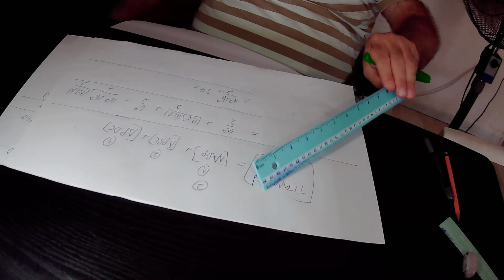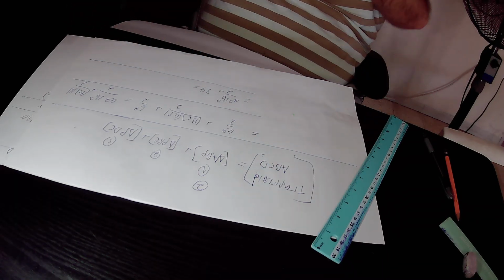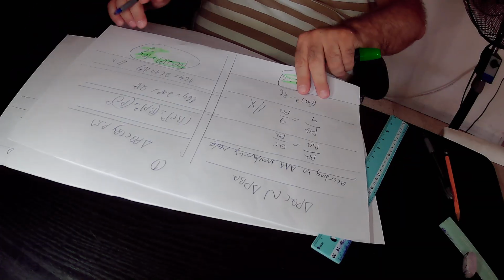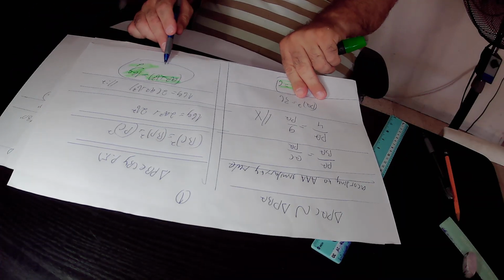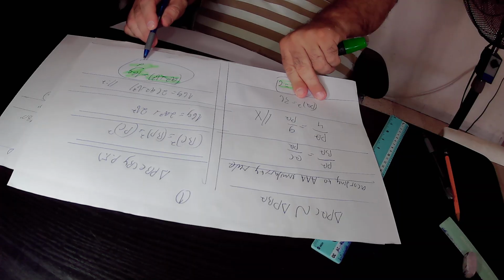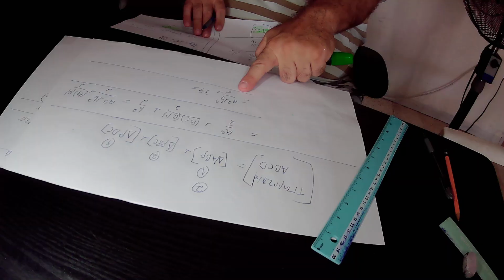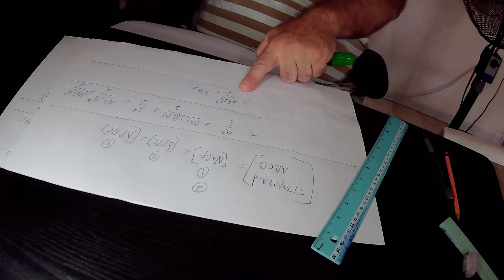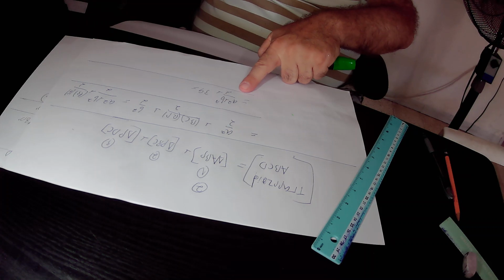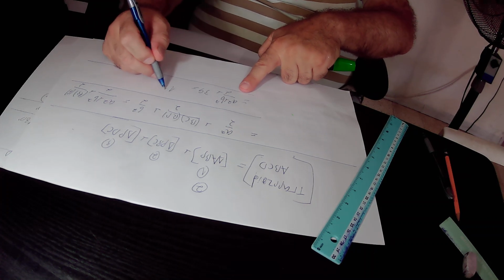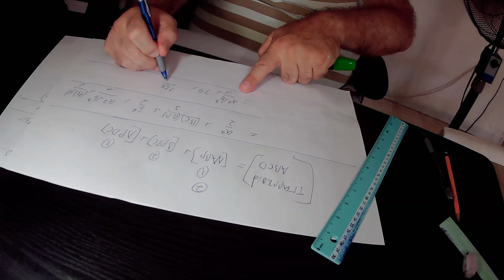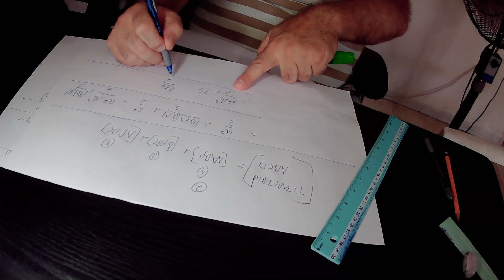But we already found out that A squared plus B squared equals 169. Therefore, we substitute A squared plus B squared in this expression by 169, and we have to divide it by 2 again.